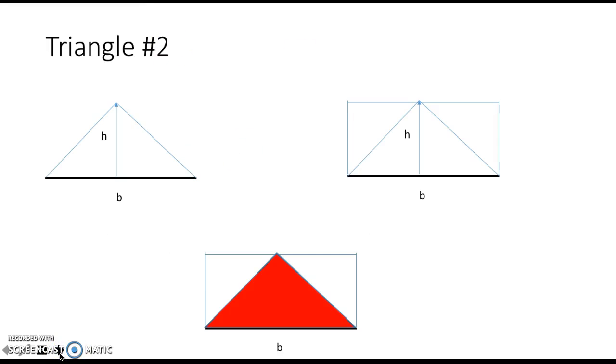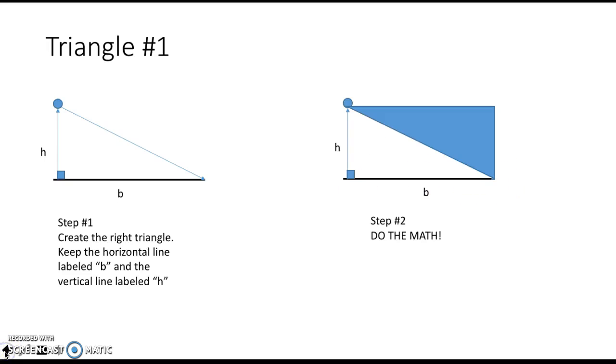Triangle number 2 is a little different. You'll have your H, or your height, right here in the middle. We'll start with this one. Essentially we want to create the rectangle because we know it works. So you split those two in half and you flip them over each other, because this right angle can flip, and we know that it works in this triangle.